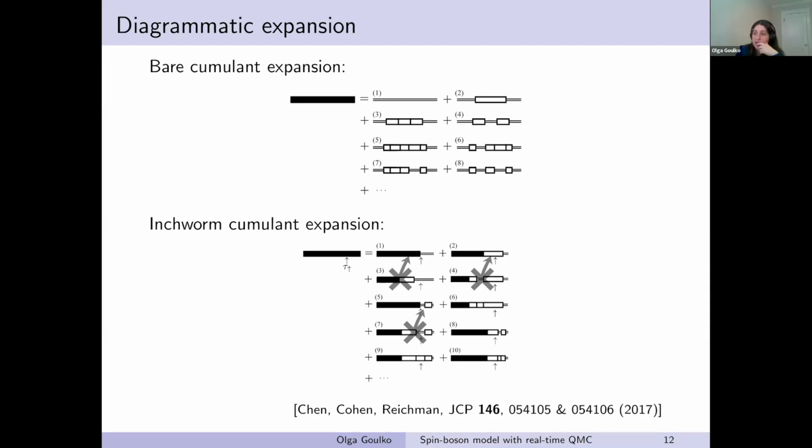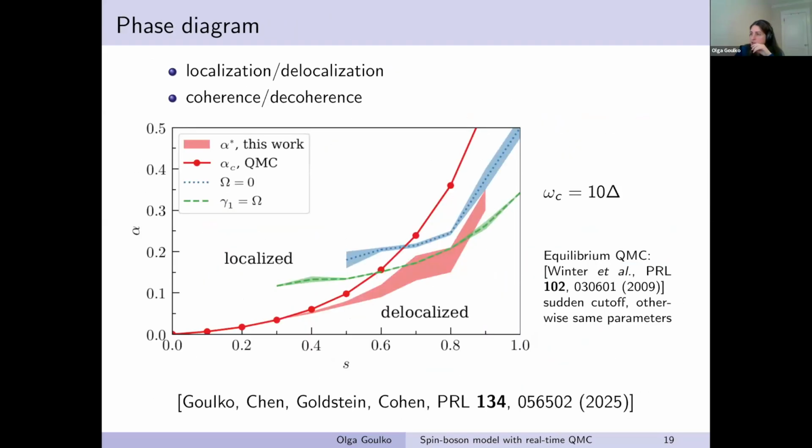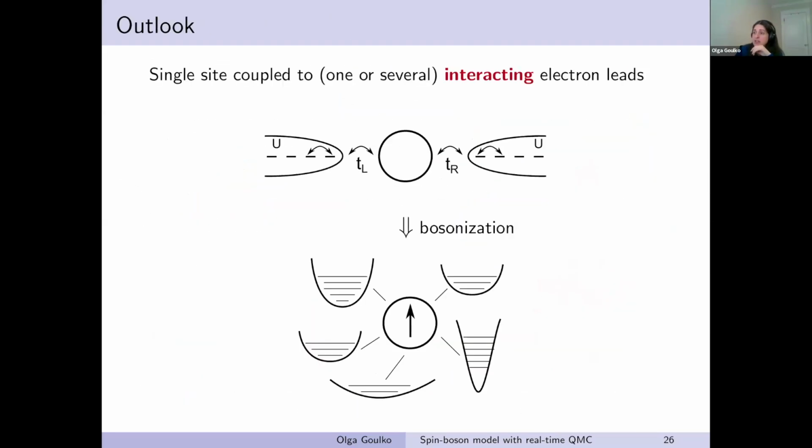We haven't implemented this yet. It would be a slightly different model. It would not be exactly a mapping into the Spin-Boson model, but a Spin-Boson model with some additional contribution. The motivation was to study interacting leads. You would have your single site, and then you could account for interactions in the leads.